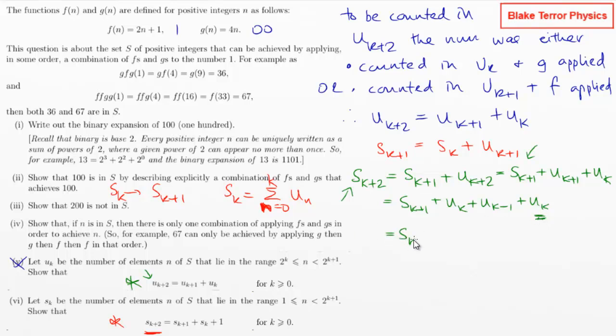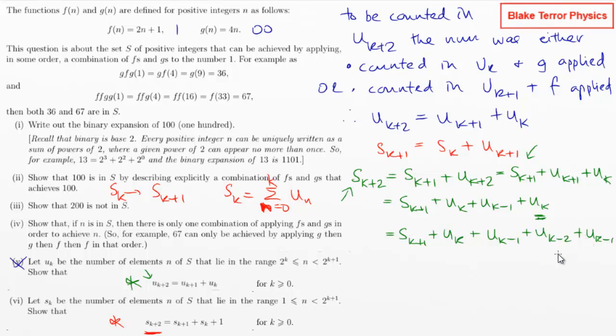We'd end up with an SK plus 1 plus a UK, then split out the UK. So if that was UK, that would then be UK minus 1 plus UK minus 2 plus the old UK minus 1. So now we're going to have a UK minus 1 hanging around.